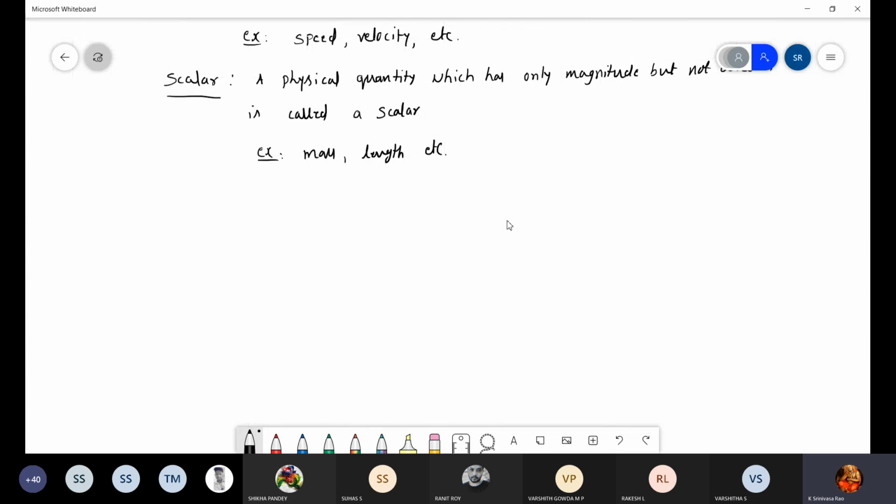Okay. Next, we will discuss some basic results depending on these vectors and scalars. This is very, very important, and it is like a foundation for this module. If you understand these concepts, this complete module is simple, because as I told you yesterday, it involves partial differentiation. For those who are strong in differentiation, especially partial differentiation, it is very simple.